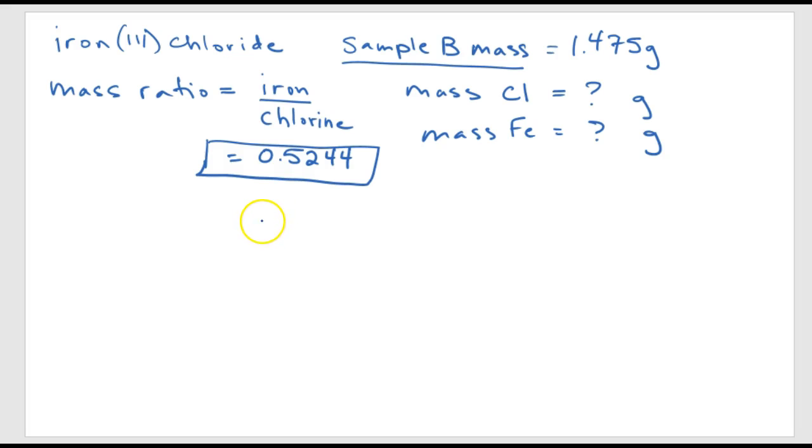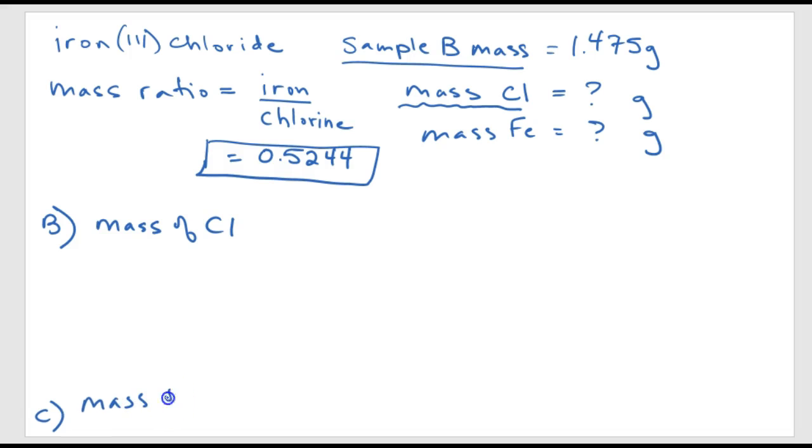So for the second part of that question, they give you a formula to use to solve for the mass of chlorine. So part B of that example is first solving for the mass of chlorine, and then the last part will be using the mass of the chlorine to find out the mass of the iron, because once we have the mass of the chlorine, we can just subtract that from the total to get the mass of the iron.